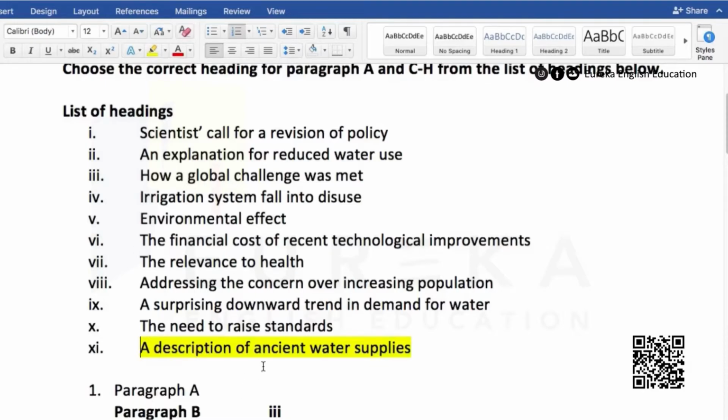I think this might be the best answer, so paragraph A would be 11. If you're not sure about the answer, you don't have to rush.